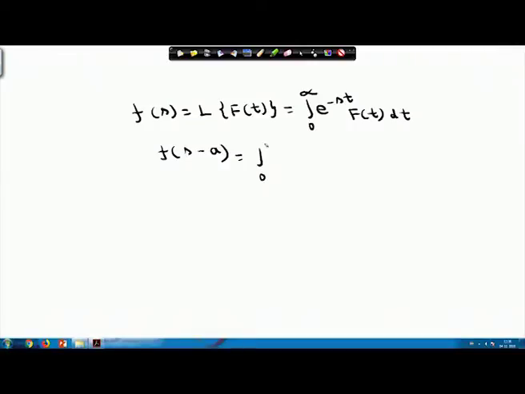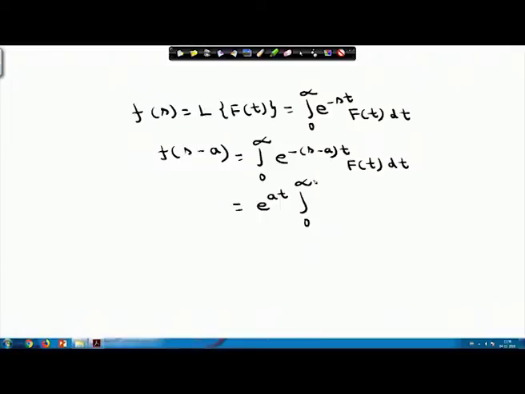So, from here I can write 0 to infinity, where s I am now replacing by s - a, so e^(-(s - a)t) f(t) dt. This remains as it is over here. Now, this I can break into two parts, that is e^(at) and e^(-st), and e^(at) I can bring outside the integral.